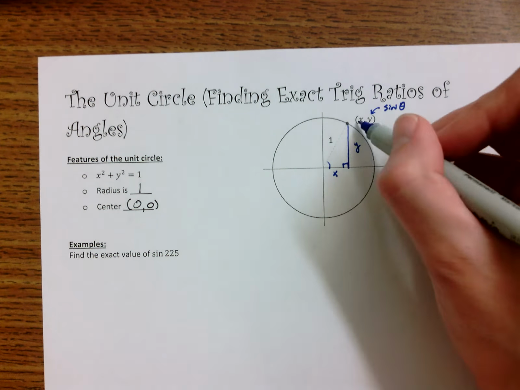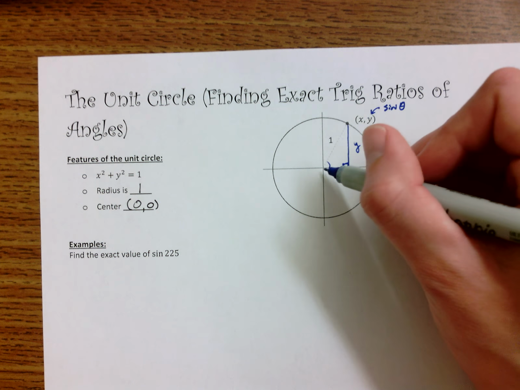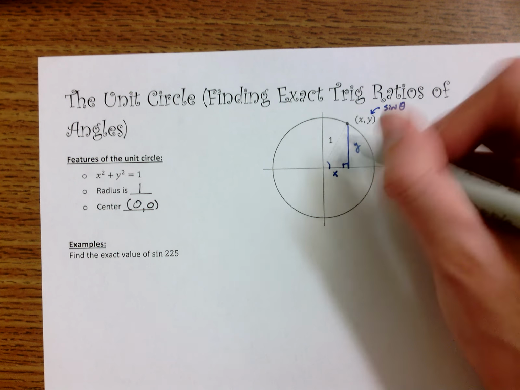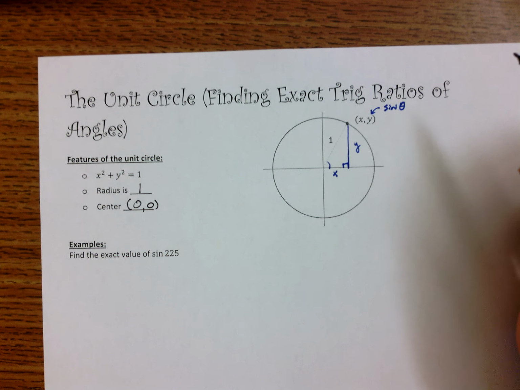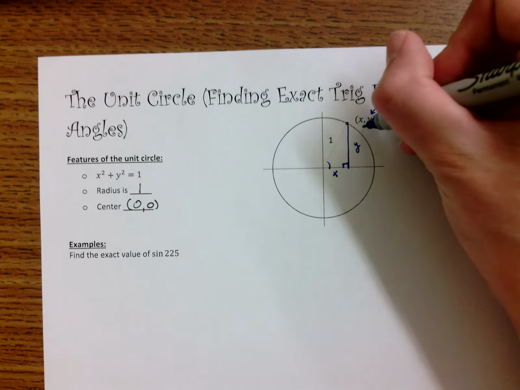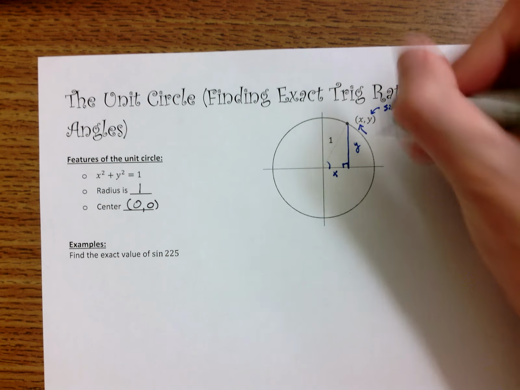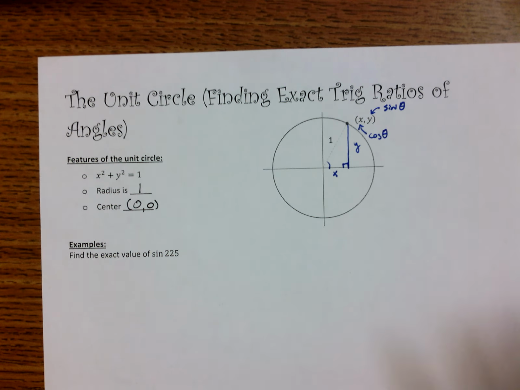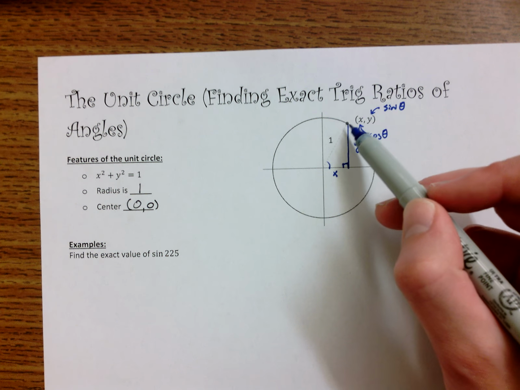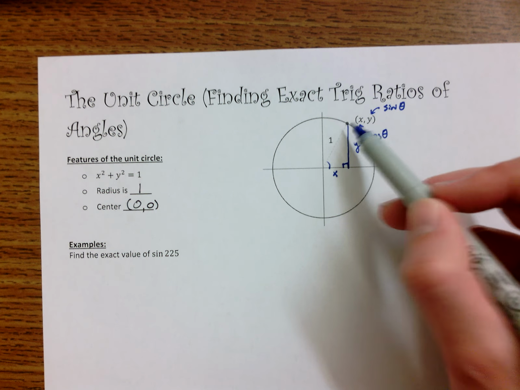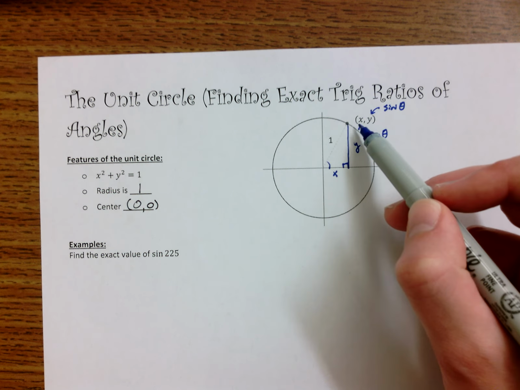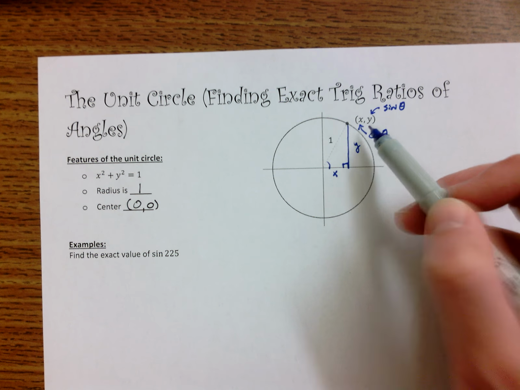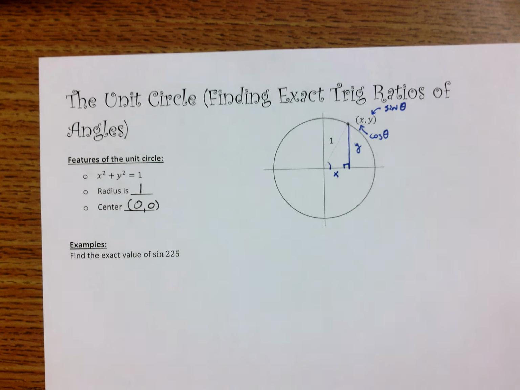Then the x coordinate, similarly: cosine is adjacent over hypotenuse, but if the hypotenuse is 1, it's not going to change anything. So the x coordinate gives me the cosine of the angle. As long as you know the coordinates of a point on the unit circle, the first coordinate will be the cosine of your angle, and the second coordinate will be the sine of your angle. That's why we bother with this unit circle thing. It's a really cool thing.